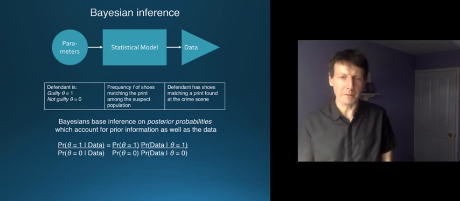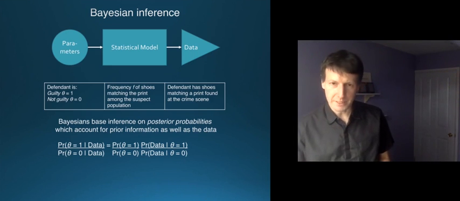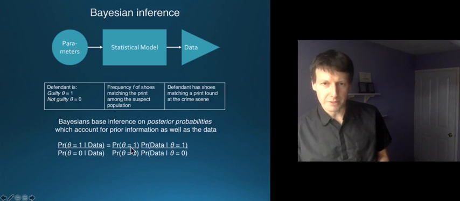I want you to think about how you might, let me point to this particular term, these prior odds, what might these look like? Let me remind you that the likelihood ratio is 1 over f. So we've assumed that the probability that there are matching footprints given that the defendant is guilty is 1, and given that he's not guilty, f.